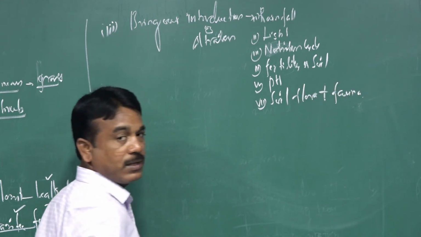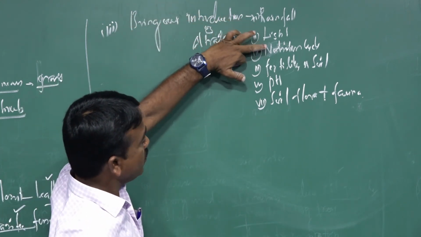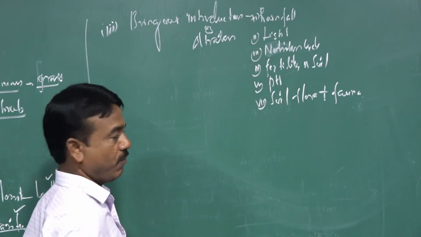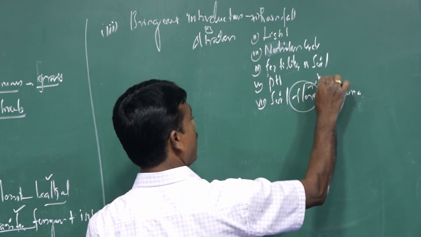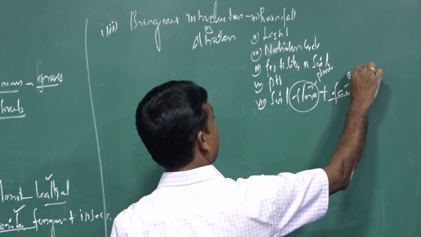It brings out alteration in the rainfall, light, nutrition cycle, fertility of soil, pH, and soil flora and fauna. What is flora? Flora means plants. Fauna means animals.